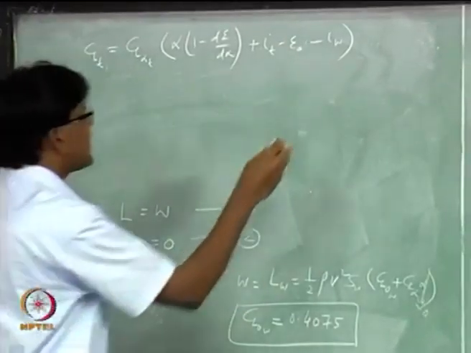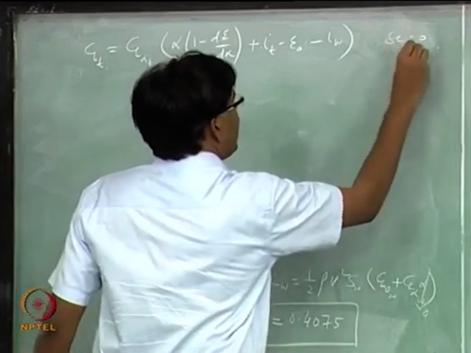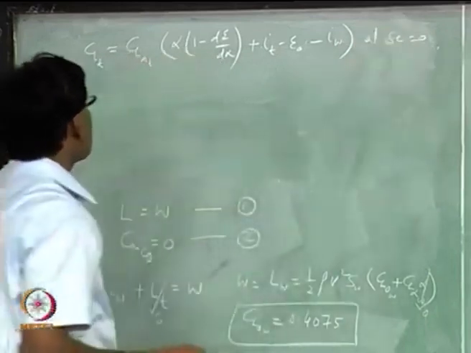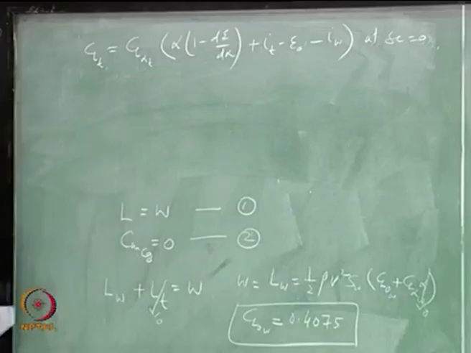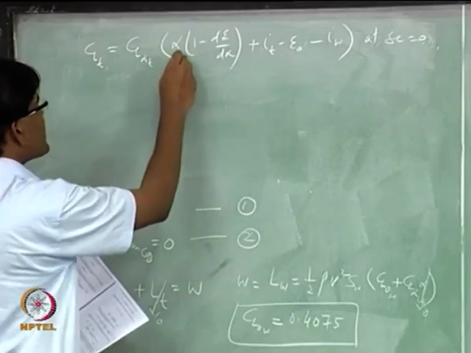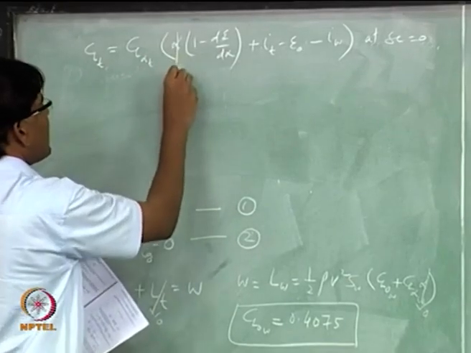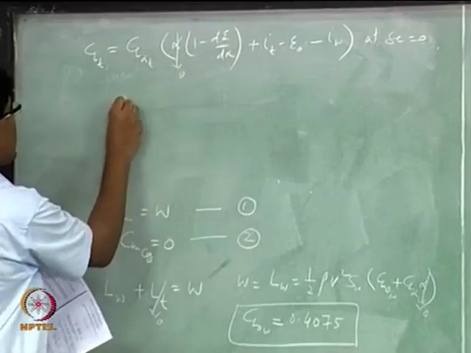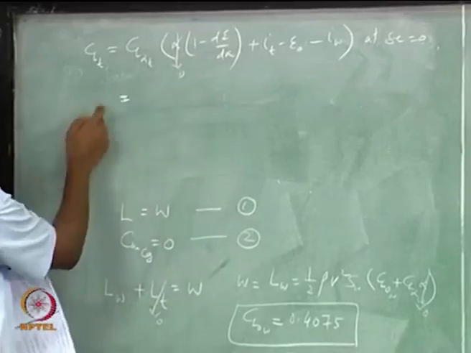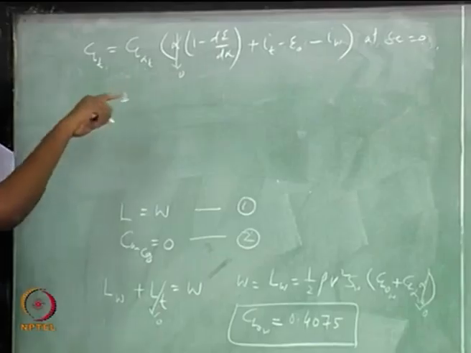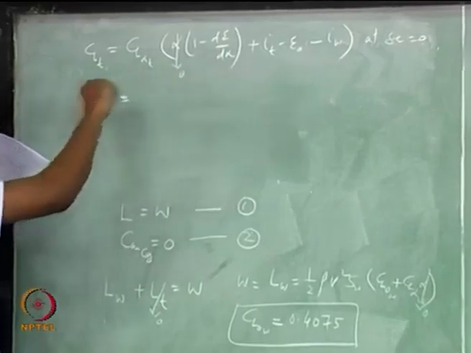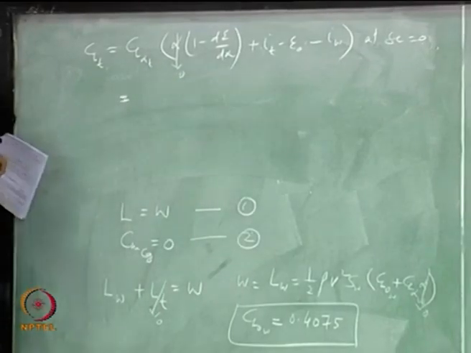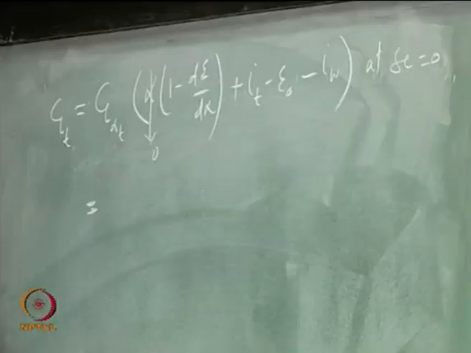When we set delta E to 0, and alpha is also 0, and this CLT is 0, right. When this is the condition, when delta is 0, alpha is 0, what we have said is that lift produced at the tail is 0, right.